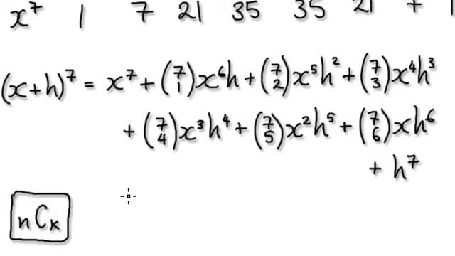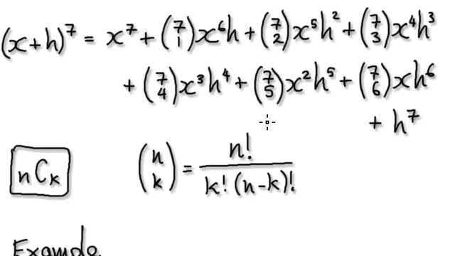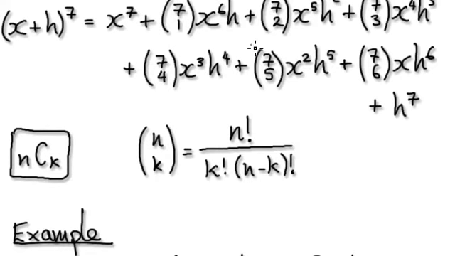Okay, and the way the calculator works this out is by using this formula here. So if you want to work out this one here, then don't forget the 7 is your n.